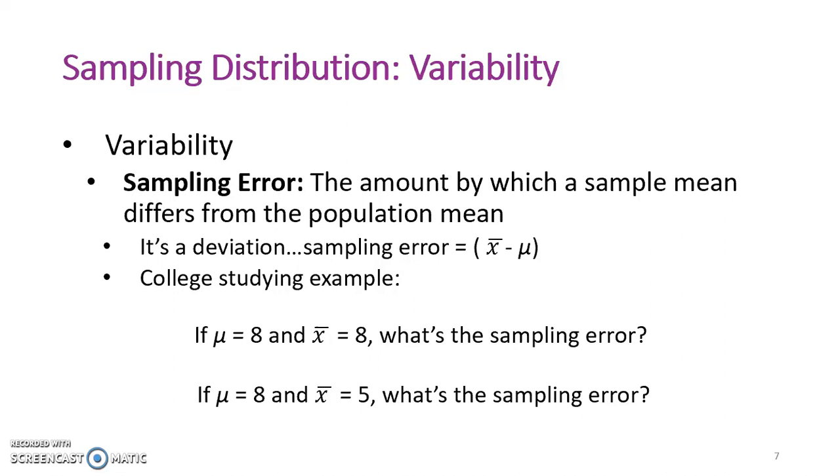However, if the actual population mean was still 8 hours per week, and I took another sample of undergraduates and found that their mean hours studying per week was 5 hours, the sampling error is -3. I would have a deviation of -3 hours, meaning that my sample's mean was 3 hours lower than the population mean.